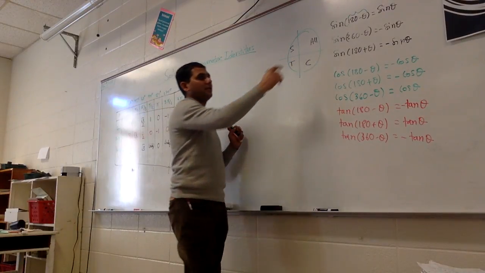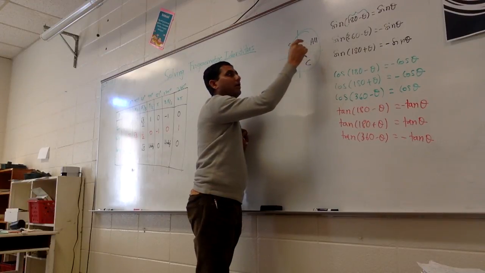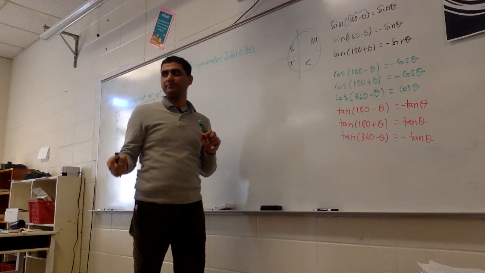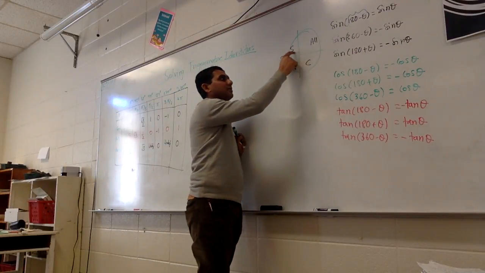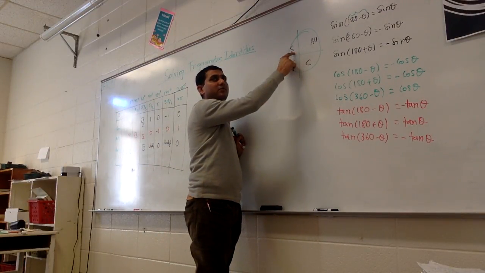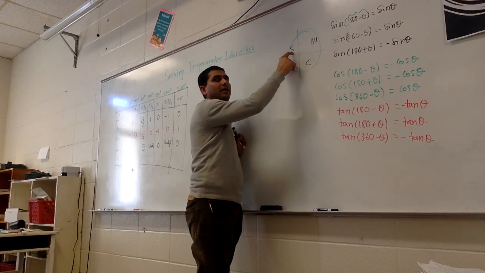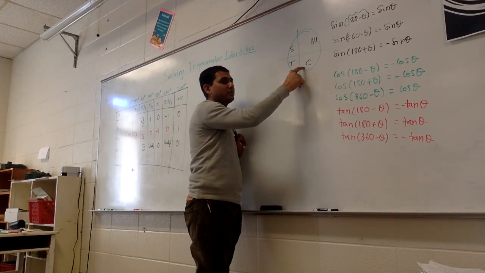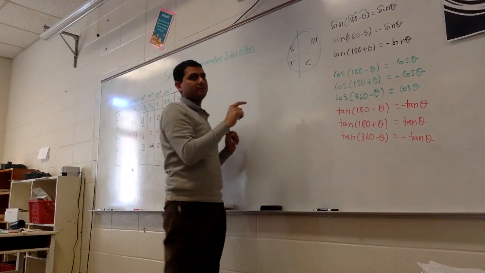In this quadrant, all trig functions will be positive. In this quadrant, sine and its reciprocal will be positive, the rest negative. In this, tan and its reciprocal will be positive, the rest negative. In this, cosine and its reciprocal will be positive, the rest negative.